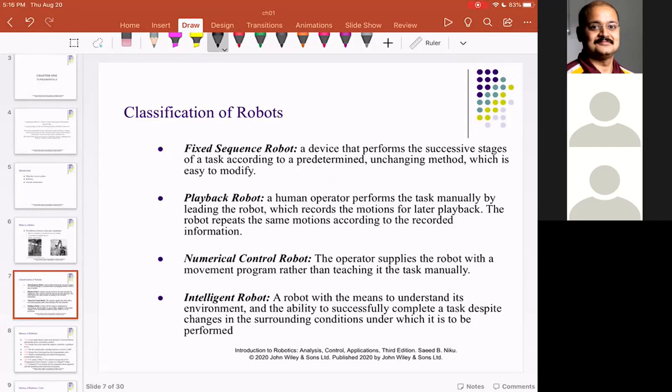So, the fixed sequence robot is the device that performs based on successive stages, like a pick and place machine, with very simple operations that the robot can perform very fast. Now think about converting that pick and place machine into a tic-tac-toe playing machine, wherein the robot needs to decide where to draw either a zero or a cross.